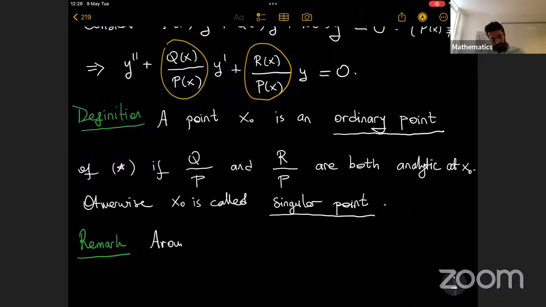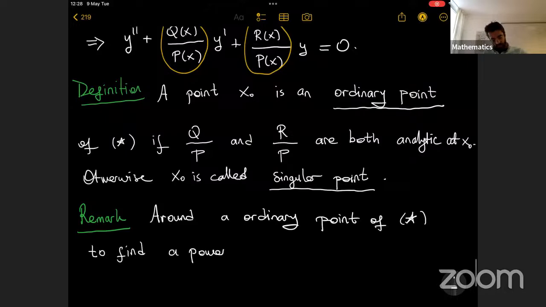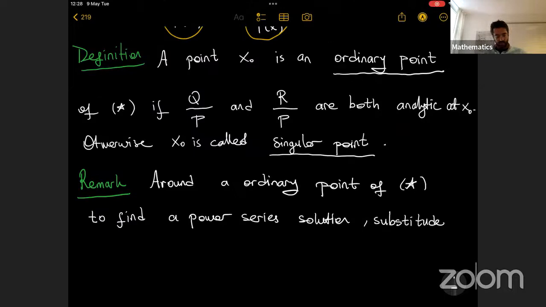Around an ordinary point of star, to find a power series solution, substitute y is equal to the sum of a_n (x minus x0) to the n, n from 0 to infinity.